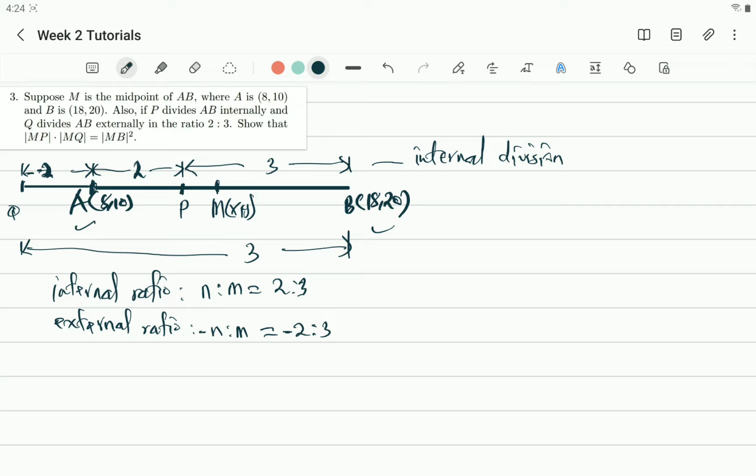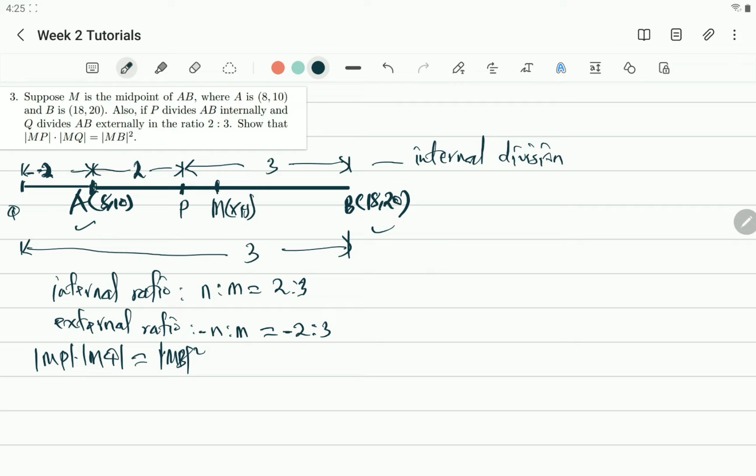And the only question says we should prove that the length of MP times the length of MQ is equal to the square of the length of MB, right? So we will just take them one after the other and solve.